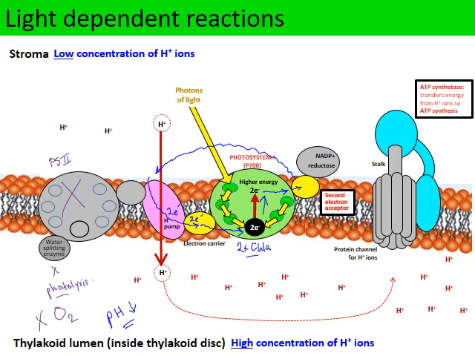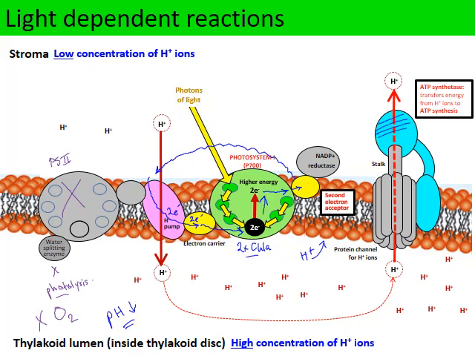Now those protons can move down through the stalk particle, down their concentration gradient, back into the stroma. We know there's a proton channel because hydrogen ions cannot simply diffuse through the phospholipid bilayer because of the hydrophobic fatty acid tails. So the only way they can get back across the membrane is through the proton channel of the stalk particle.